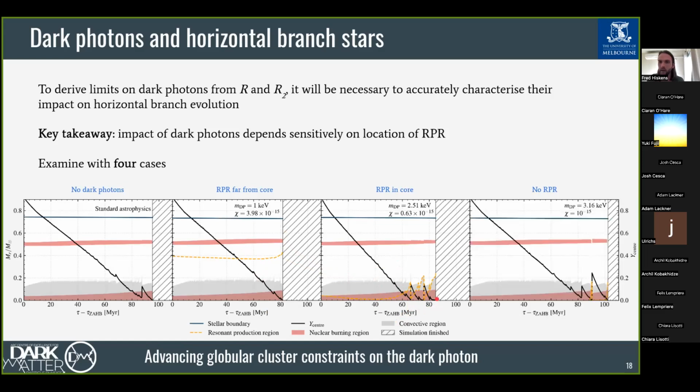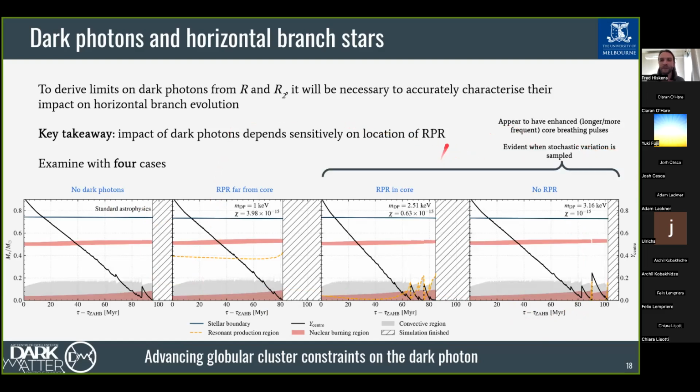And then if we look again at the final one, we see that there is no resonant production region for a while, but then it does acquire one and then starts to suffer from these same very large and repeated core breathing pulses. And actually in this scenario, you'll notice that even though there is additional energy loss, we have a duration of this phase which is actually longer than that of the standard astrophysical case. And so this is very much at odds with that classic energy loss argument.